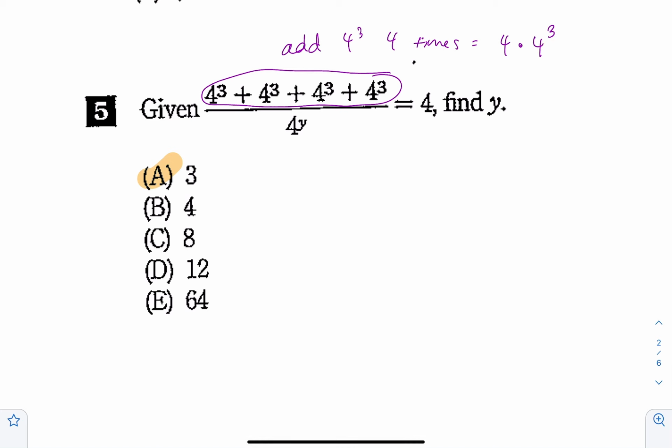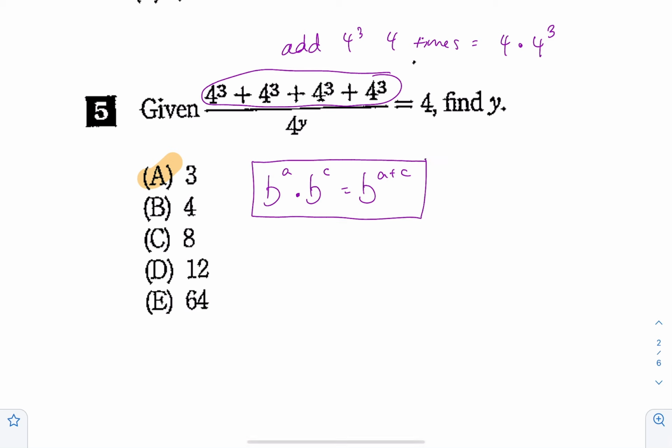And then you can use this law of exponents that states b to the a times b to the c is equal to b to the a plus c. When you multiply two exponents with the same base, you can add the exponents, here a plus c. So the numerator becomes 4 times 4 cubed, and this 4 is really 4 to the first power. And this becomes 4 raised to the 1 plus 3, or 4 to the 4th power. The denominator is still 4 to the y.